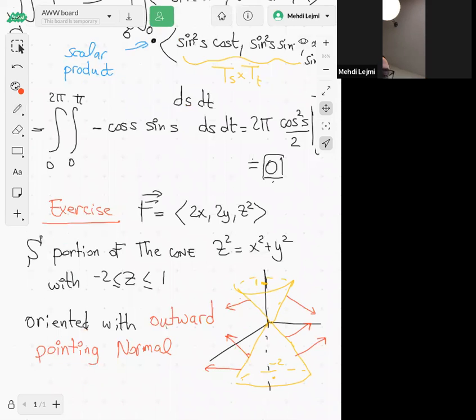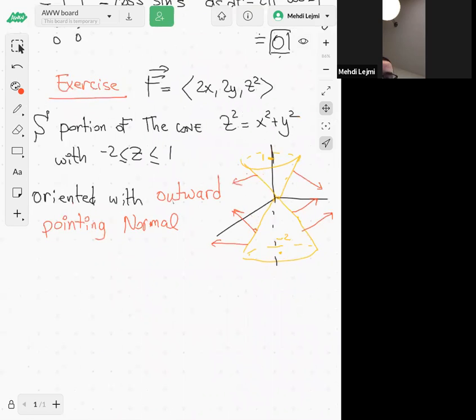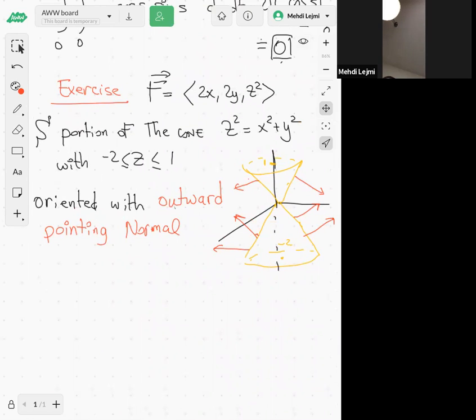I'm going to remind you of the parameterization of the cone in this case, and then all you have to do, guys, is check the direction of your normal vector, whether it's outward or inward.